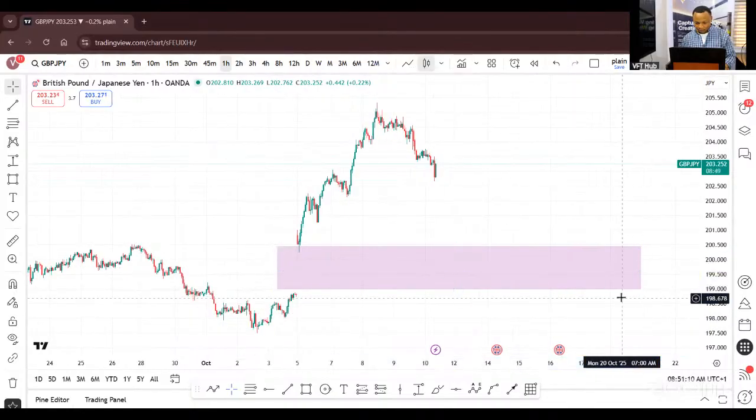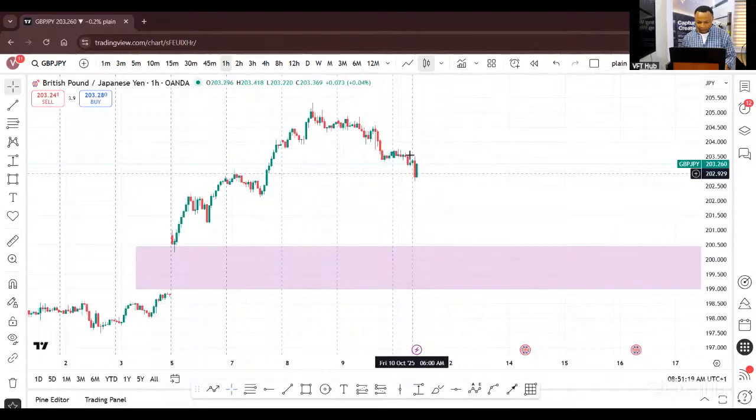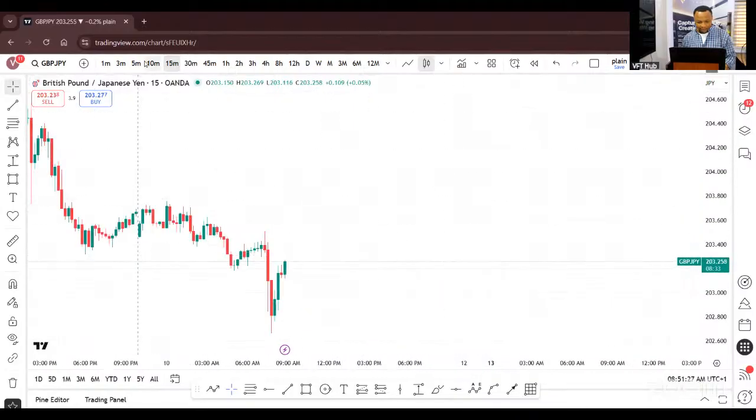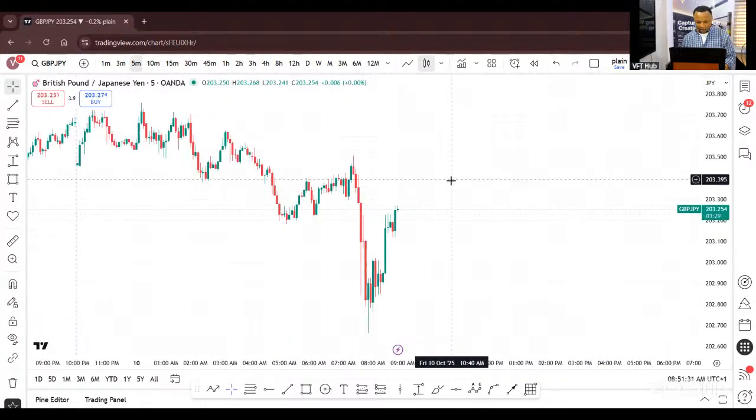So I want to sell GBP JPY all the way to that level on the downside. For today, I've been expecting price to make this retracement. Now it has made the retracement. Let's look out for a sell-off on GBP JPY. I'm looking out for a clear sell on GBP JPY. Once I see that, I'll be selling it.